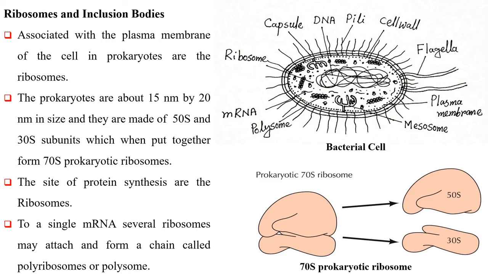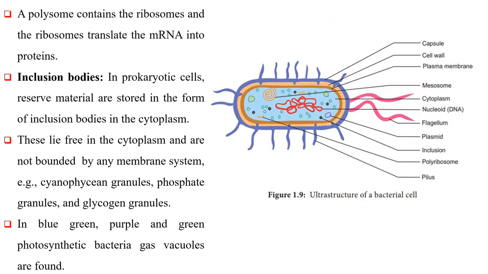The site of protein synthesis are the ribosomes. To a single mRNA, several ribosomes may attach and form a chain called polyribosomes or polysomes. A polysome contains the ribosomes and the ribosomes translate the mRNA into proteins.